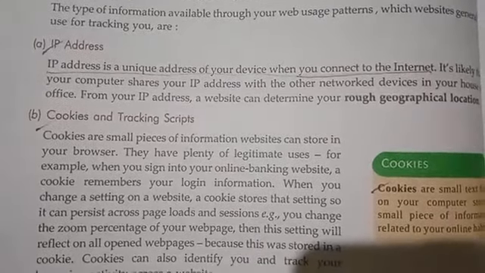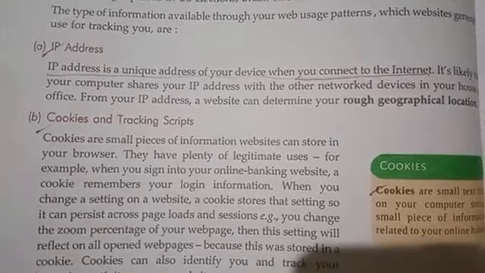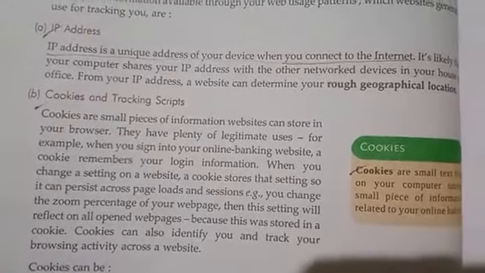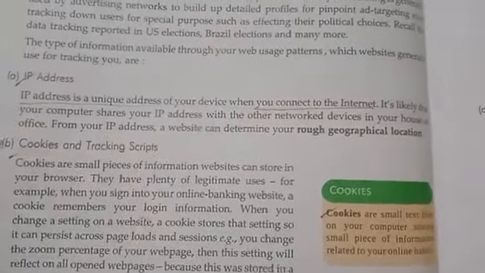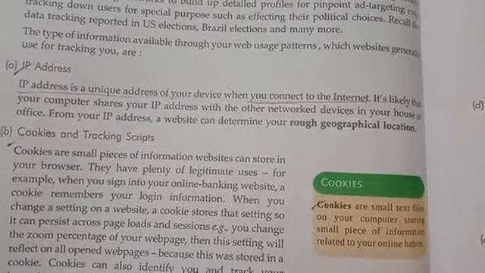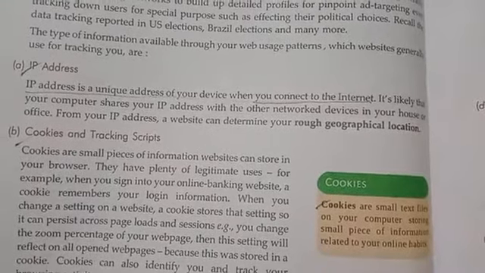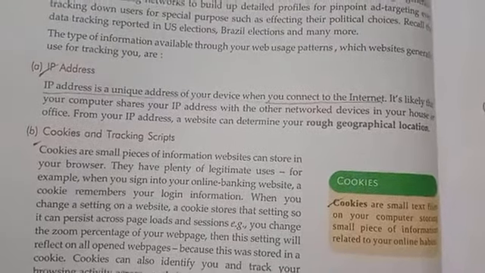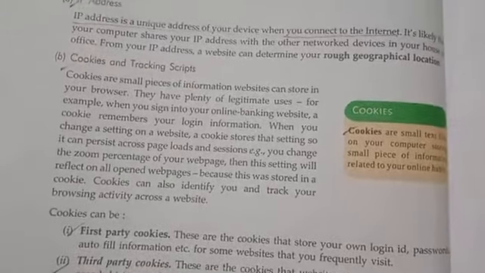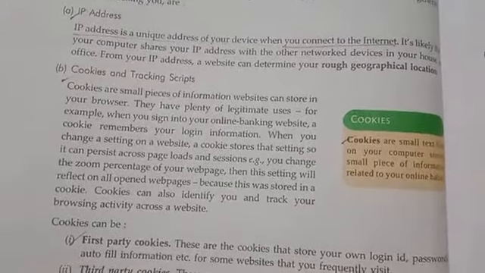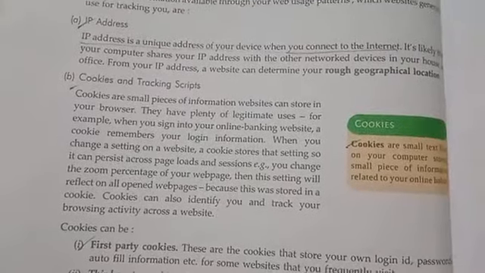The second one is cookies and tracking scripts. A cookie is a small piece of text file on your computer that stores a small piece of information related to your online habits. A better example: you are continuously searching for one product on Flipkart, like a mobile phone.